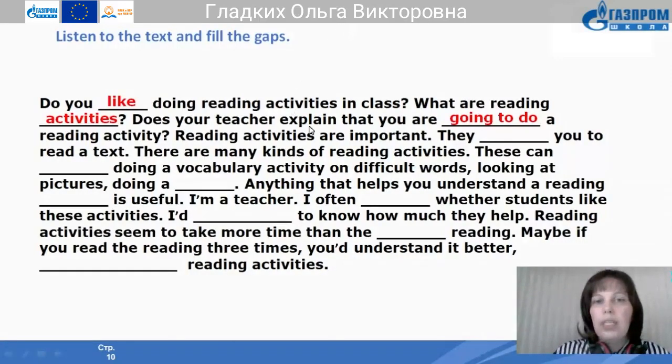Next, reading activities are important. You to read a text. Suitai, your answer is? They prepare you to read a text. Next, there are many kinds of reading activities. These can what?